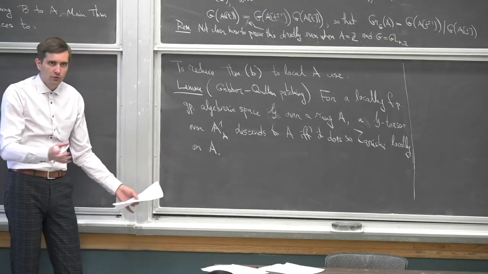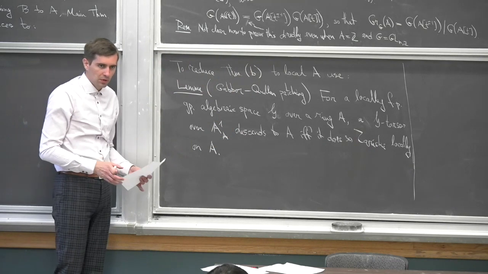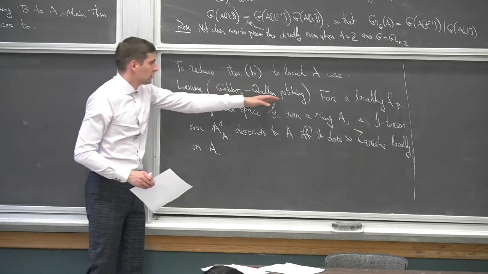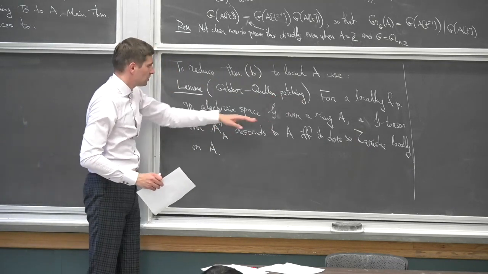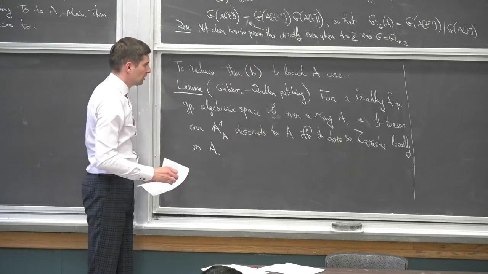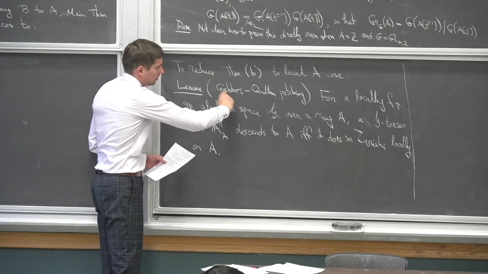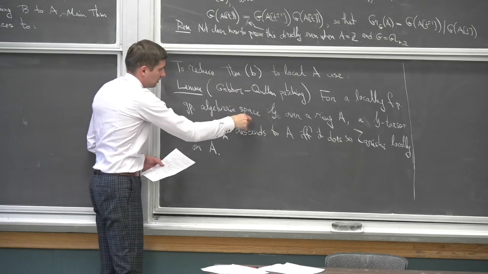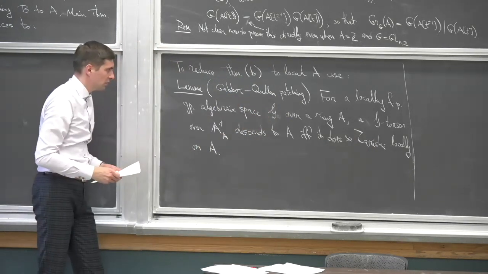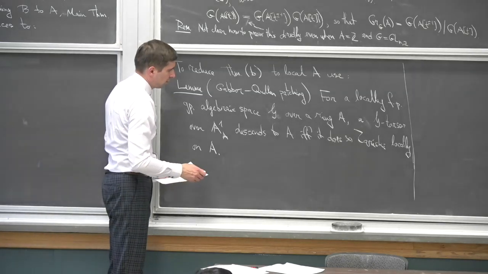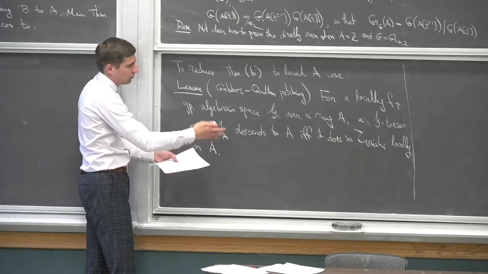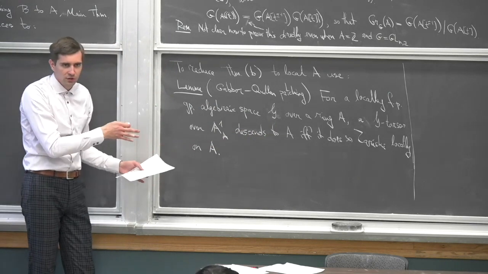So this is some kind of local-to-global patching that Quillen first introduced in the case when G is GL_n by a clever argument, and then later Gaber generalized it to locally finitely presented group algebraic spaces. The argument is beautiful, but I will not go into it because it's not really the main point.